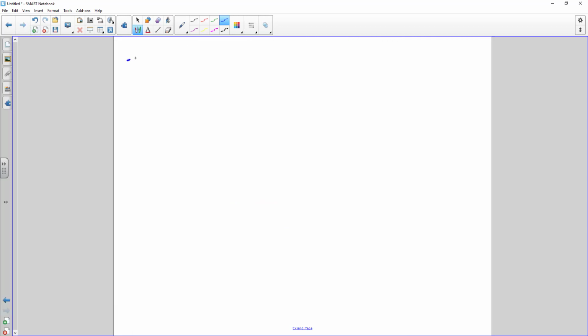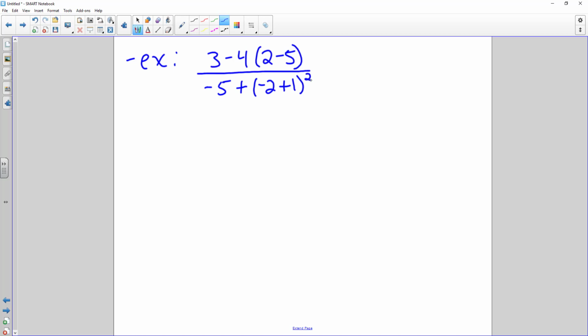Okay, how about this one? So this one's going to be a big fraction one. So on top, 3 minus 4, parentheses, 2 minus 5. And then on the bottom, negative 5 plus, in parentheses, negative 2 plus 1 squared.